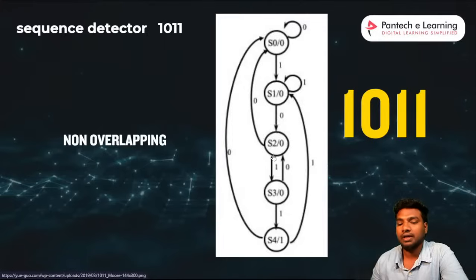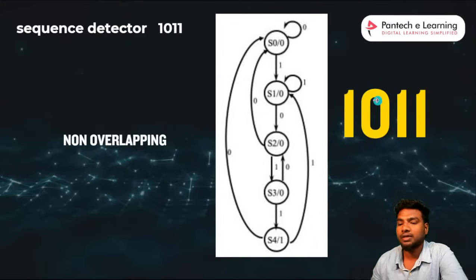In the second state, S2, it will check the inputs. If the S2 input is 1, meaning my next bit is 1, it will move to the third state. If it is 0, it will move to the S0 state. Why? Because, as you can see here, if it is 1 it will move here.